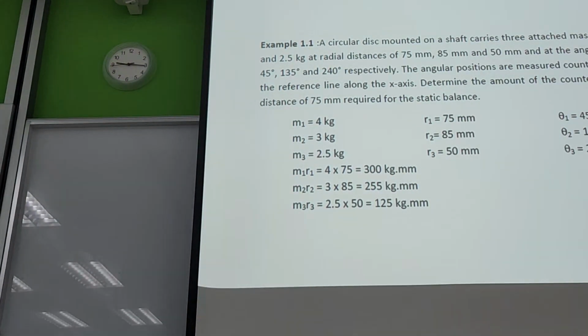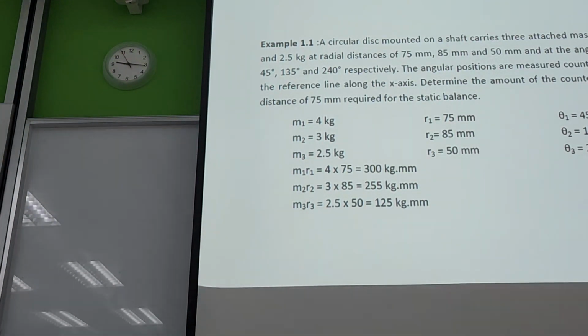Then from here at 240 degrees, so you are drawing at 240 degrees, the magnitude is 125. So this is 125.